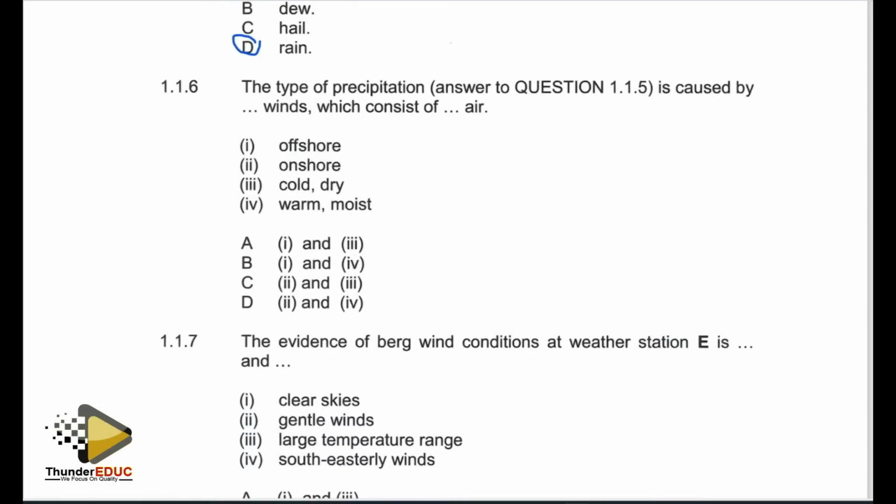Right, the type of precipitation, to answer question number 1.16, what causes the rain is, we want to look for the first item, the type of winds which will cause that type of precipitation.